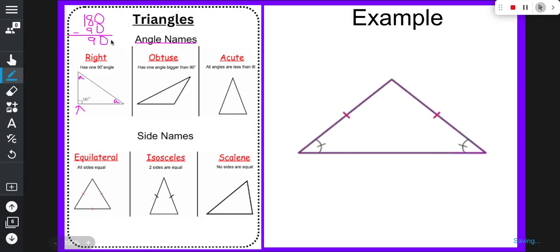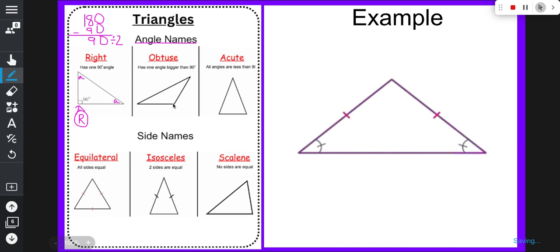And I have to divide that 90 degrees among two more angles. So you can see that I cannot have more than one right angle in a triangle. I have to have two acutes and one right. So if it has a right angle, then that gives it its name.